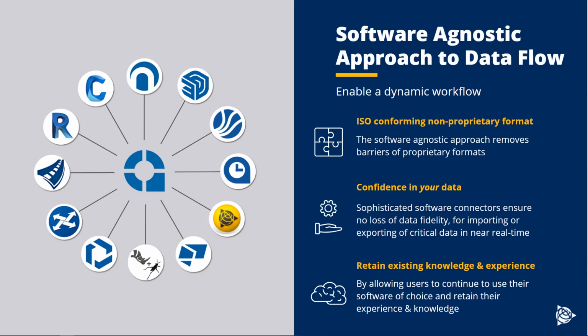The benefit is that the connectors enable you to continue to use your own experience and knowledge with your own software. If you're designing with SketchUp or Civil 3D, it's a data aggregator, a data collator as well. It stores all that data, but those bidirectional connectors mean you can make a change to your design in SketchUp.